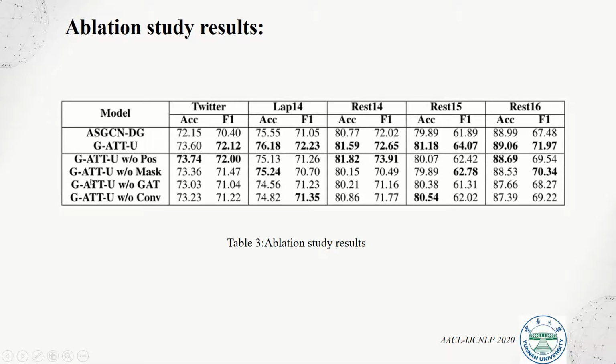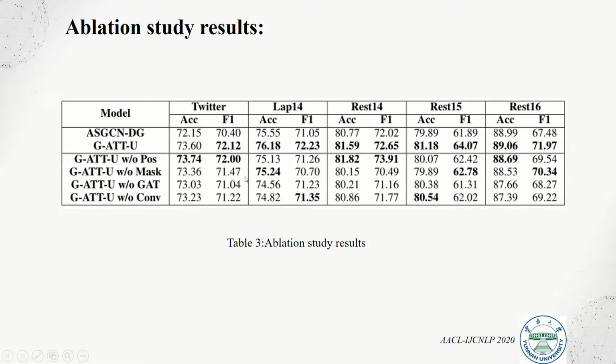The proposed graph attention model without convolution achieves better performance, especially on Twitter and restaurant, with F1 score improvements of 0.164% and 1.74%, respectively.